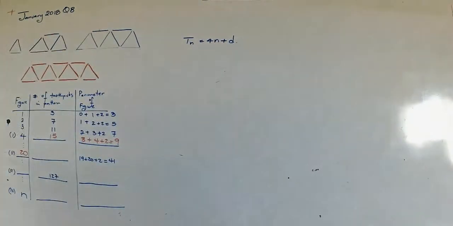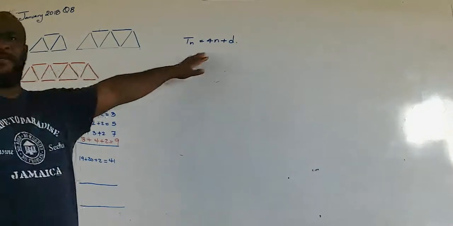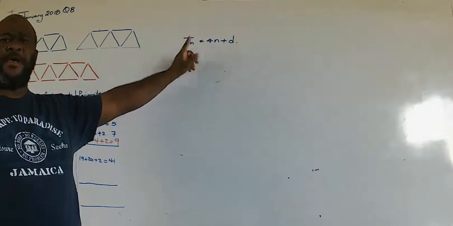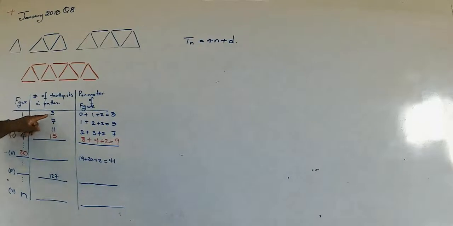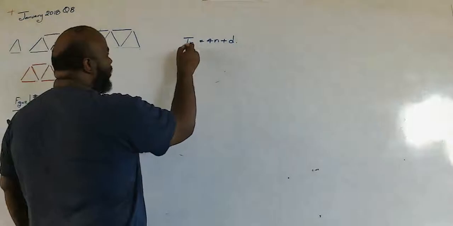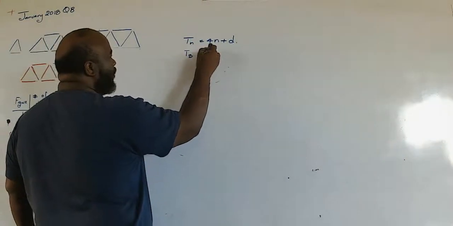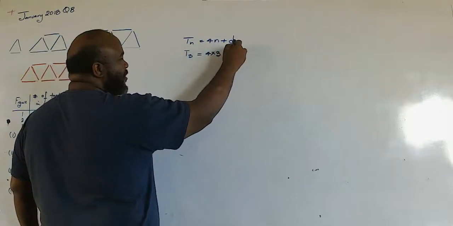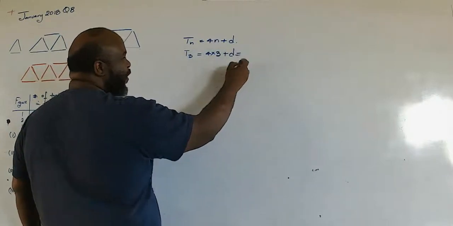Let's go. I need everybody to focus and try and understand what I'm saying. If the terms in a sequence are going up by 4, the general term can be written like this, where n can be any number. Here, the first number is 3, and the thing is going up by 4. So T3 would be 4 times 3 plus d, and that is equal to 12.